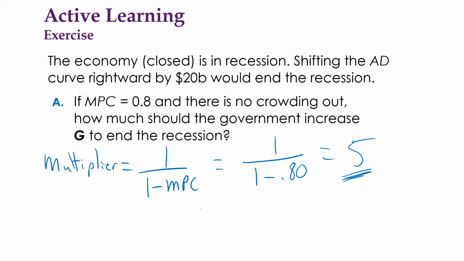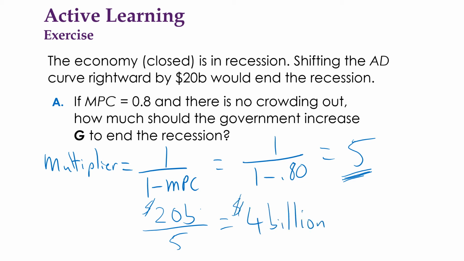All right, so it's kind of obvious what it is right now, right? We have to multiply 5 by some number to get 20. So we just have to take $20 billion divided by 5, and we get $4 billion. That's how much, ladies and gentlemen, you, as the finance minister, would have to spend into the economy to get $20 billion of output.